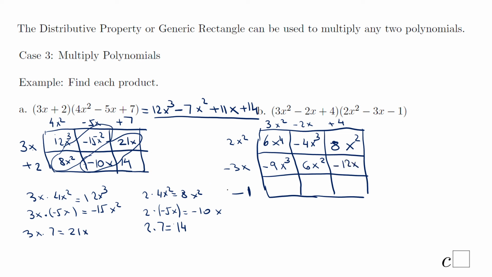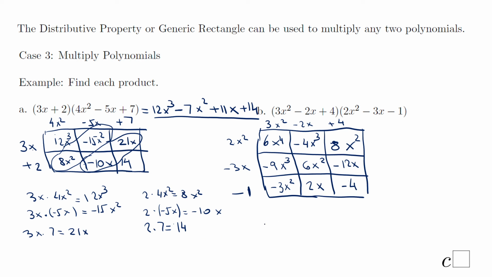Let's move to the last row, and we have here negative 1 times 3x squared, negative 3x squared. Negative 1 times negative 2x, that will be positive 2x. And negative 1 times 4, it's negative 4, I'm sorry. So if you need to do all this math like I did on part A, do it. It might help.